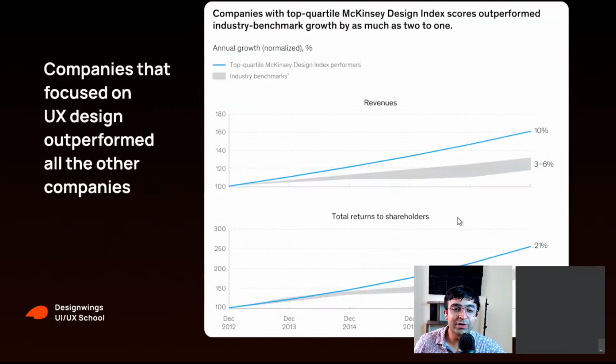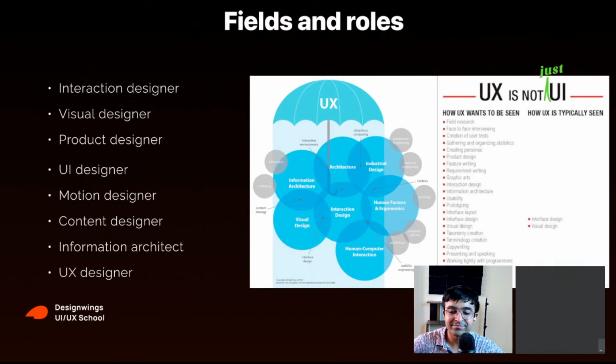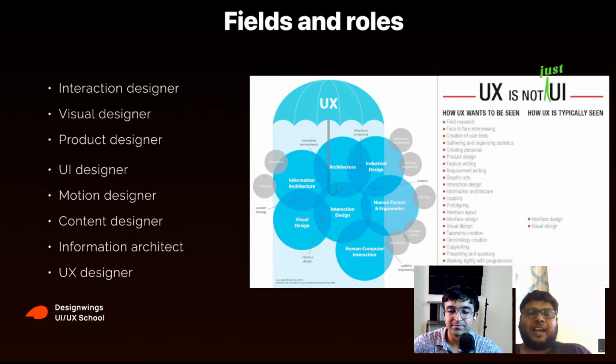So now, to conclude, be a UX designer, and then based on your interest, you can specialize in any one of these, either interaction or visual or product. If you like it, then you can specialize in it. But UX designer, as Puneet said, is the umbrella for all of this.